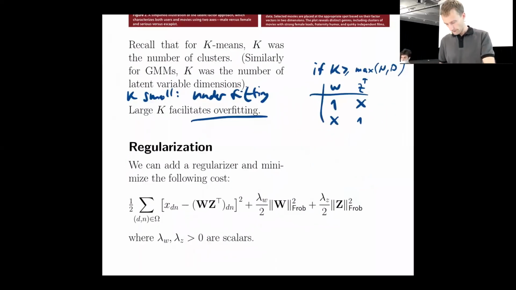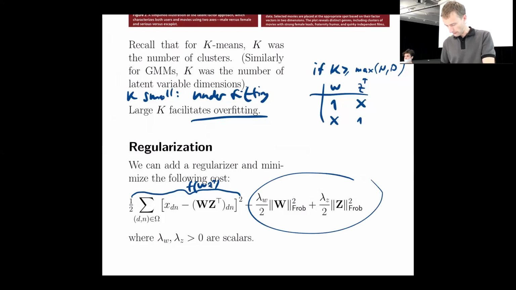And if you again look at this, then we have these two parts here. So we have F of W and Z. And now what we did here is we added a regularizer.